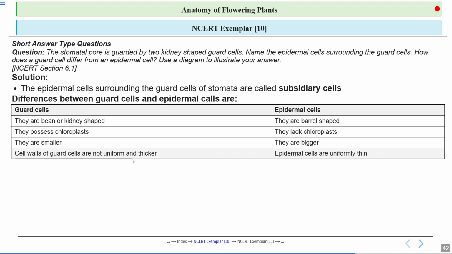Epidermal cells are bigger in size and uniformly thin. They are not very thick. So uniformity of the cell wall is seen in epidermal cells, whereas in the guard cells the outer side of the wall is thinner and the inner side is thicker.